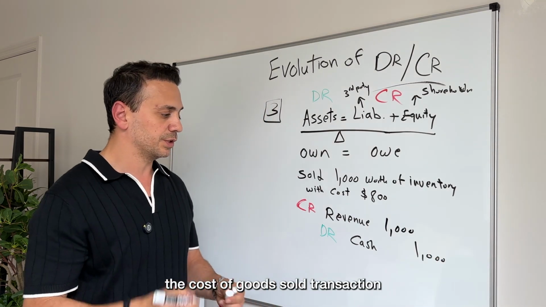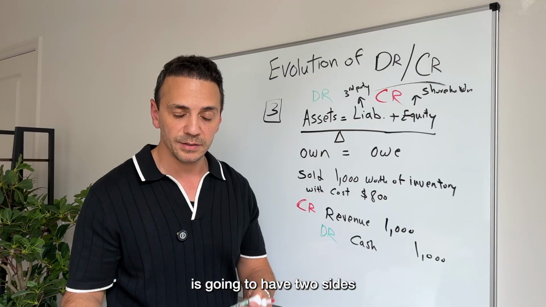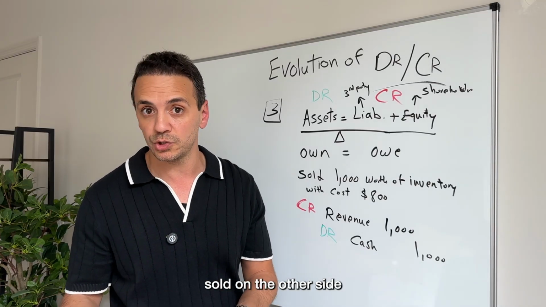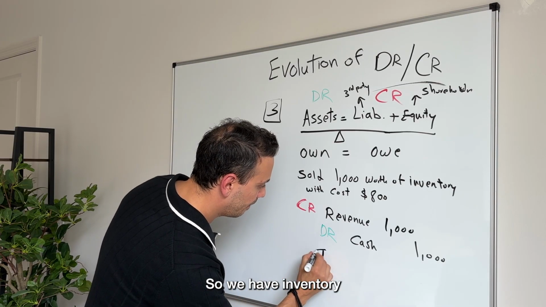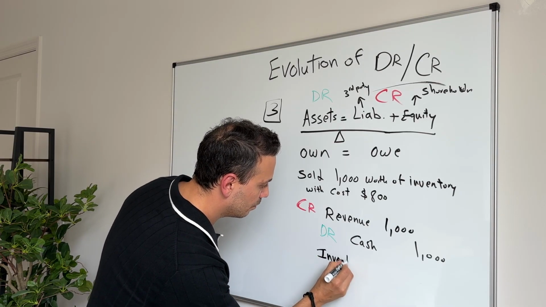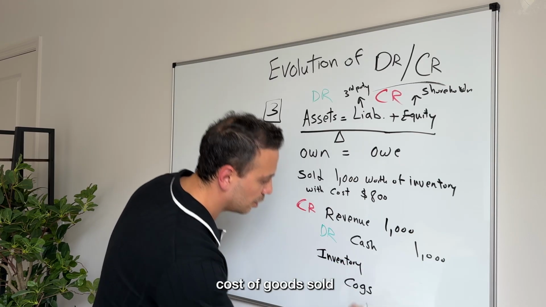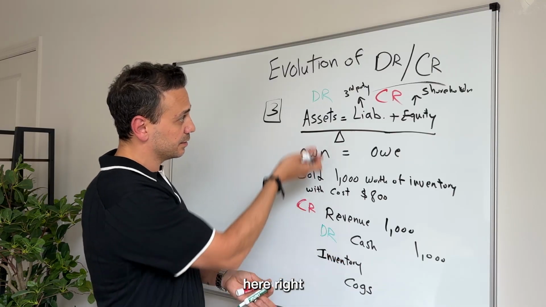And now we have to record the cost of goods sold transaction. The cost of goods sold transaction is going to have two sides. It's going to have inventory on one side, and it's going to have cost of goods sold on the other side. So we have inventory, and then we have cost of goods sold. Now, which one is debit, which one is credit? Well, inventory is an asset here, right?